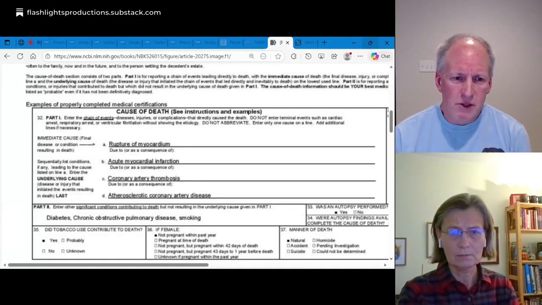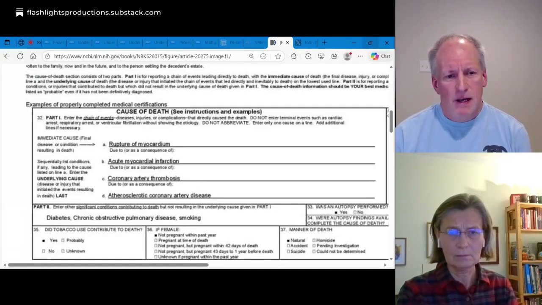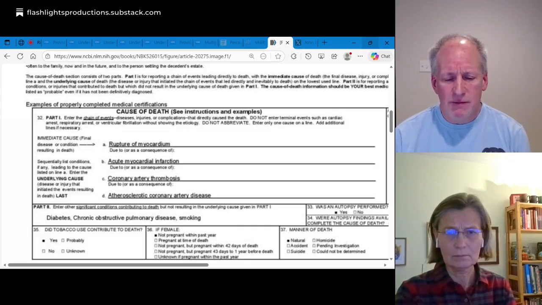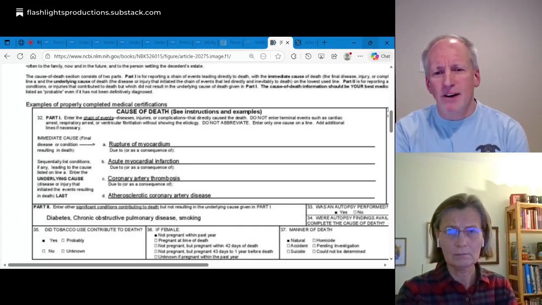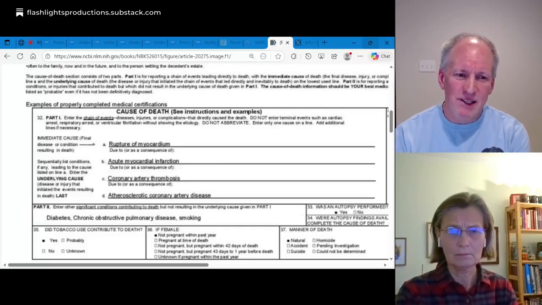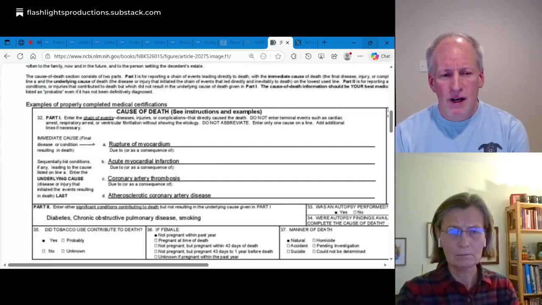COPD, chronic obstructive pulmonary disease, and then smoking. Also, there would be alcoholism, or other ways they conducted their life, like obesity. Obesity a lot of times is in part 2, or morbid obesity is actually a separate one.